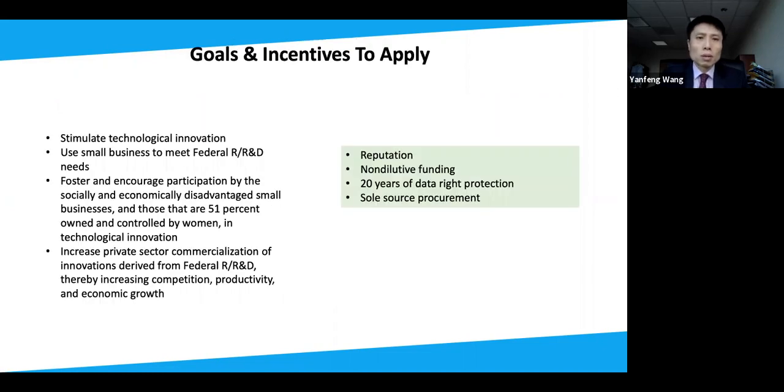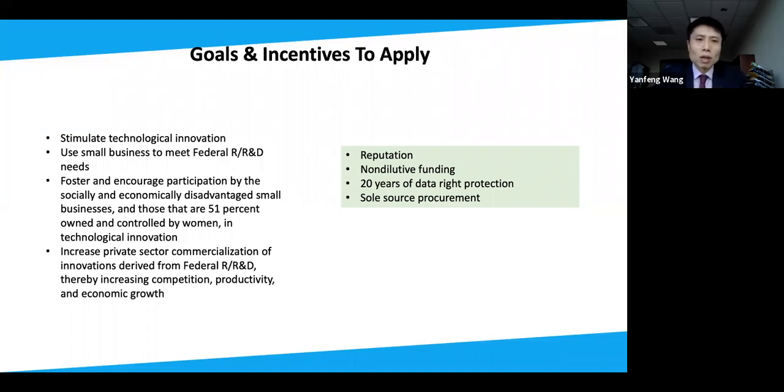Here are the goals for the government in setting up those programs. As you can see, the government intended to stimulate technology innovation and bring more frontier technology to the market. I want to bring your attention to the second point: they want to use small business to meet federal needs. What does it mean?